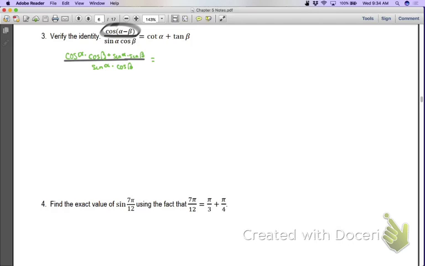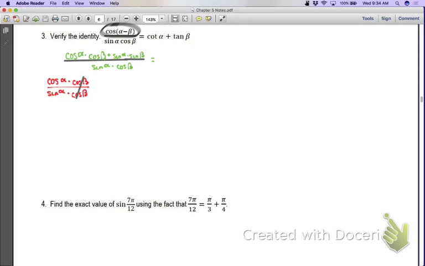One of the ways that we can go about this is to split this thing up. And if I split it up, I go, yep. So then if I have cosine of alpha times cosine of beta all over sine of alpha times cosine of beta, what's going to happen? Everything's getting multiplied or divided, so what's going to happen on that first one in red?